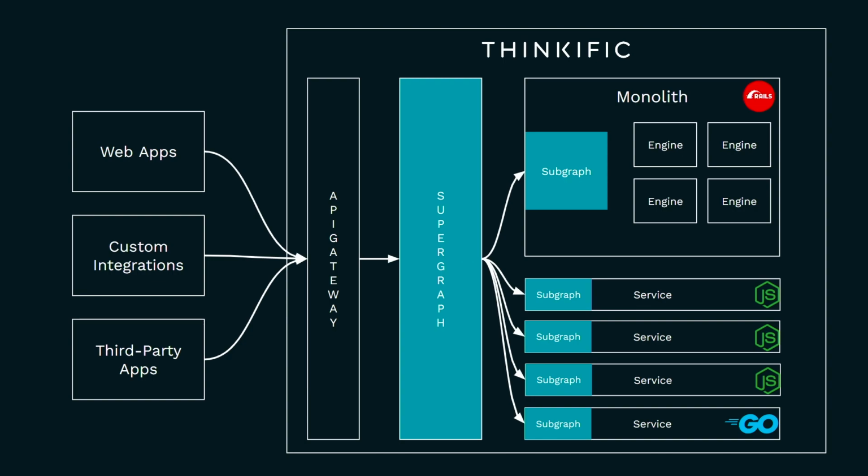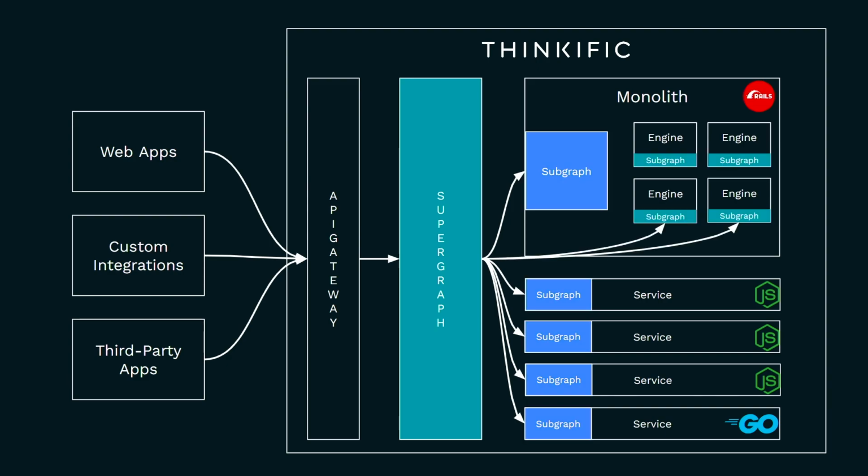And this is how our vision translates into the architecture diagram. Now we have a centralized supergraph that communicates with subgraphs. Each service exposes its subgraph, and each team can own their own subgraph. And I say can own because we still have the monolith, and the monolith cannot be owned by only one team.